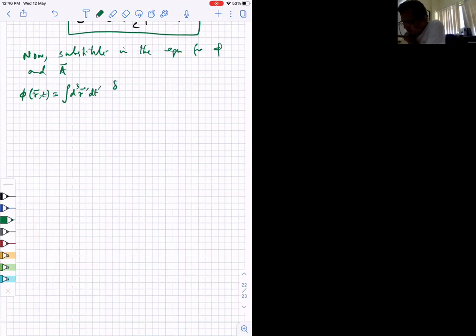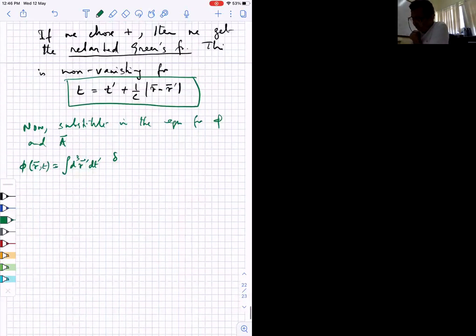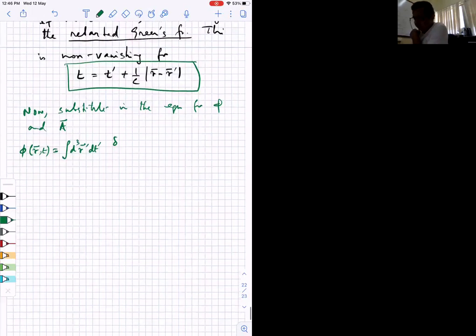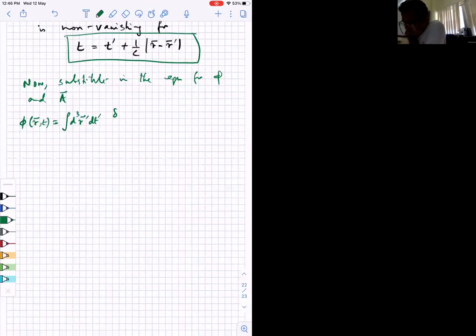Then this Green's function uses only the plus sign, so it will be delta of 1 by c, r minus r prime, minus t minus t prime, over r minus r prime, then rho of r prime, t prime.